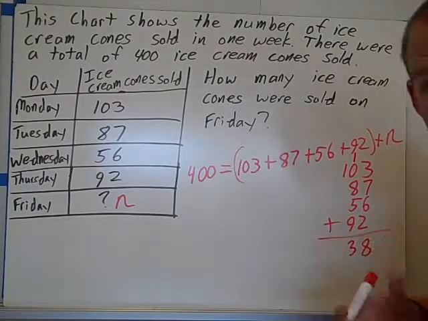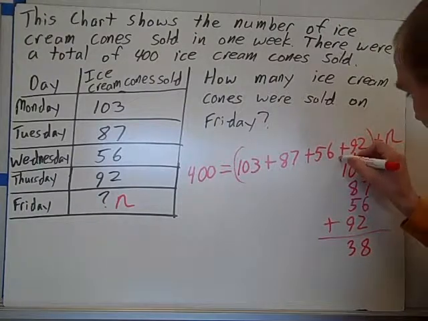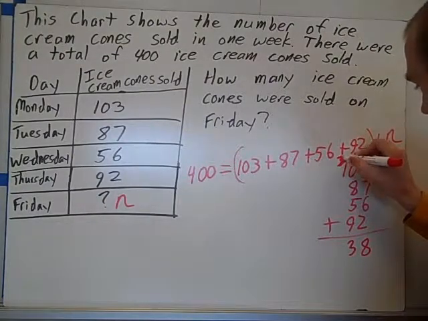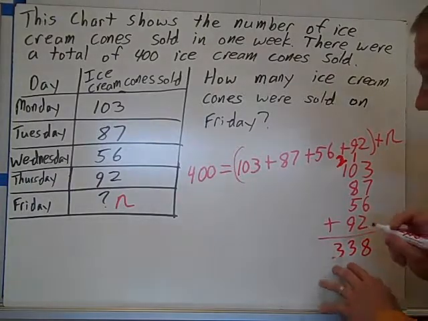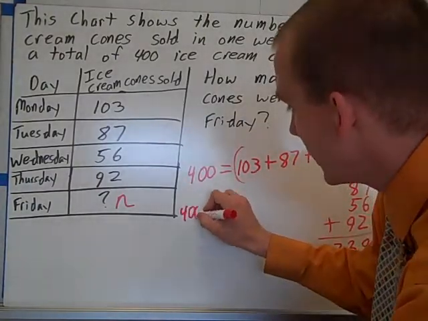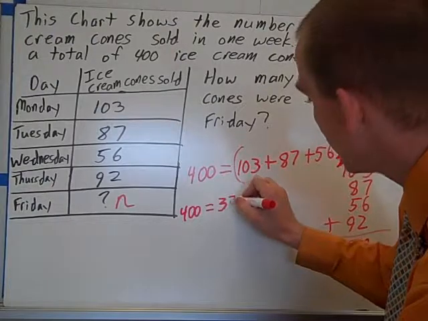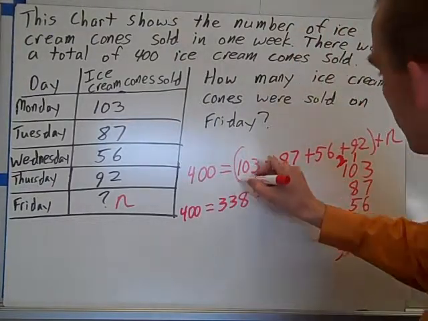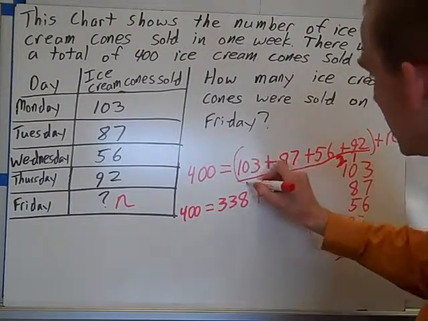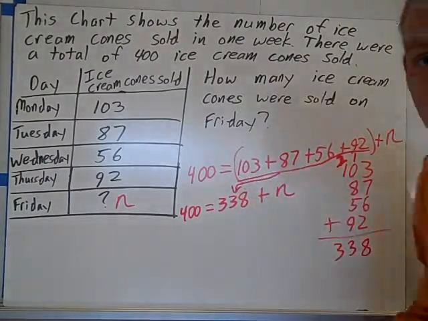This is why I regrouped the 2. I hit a 23, put a 3, bring over the 2. 2 plus 1 is 3. So 338. So it's 400 equals 338 plus n. All of this became 338 because it equaled that.